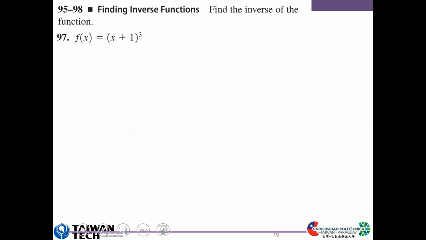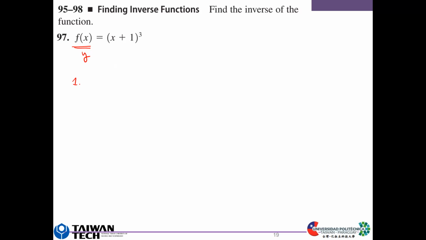And we look at the next problem, find the inverse of the function. Same thing here, it's easier to replace f of x by y. And then the first step is you want to put x on the left of the equation.